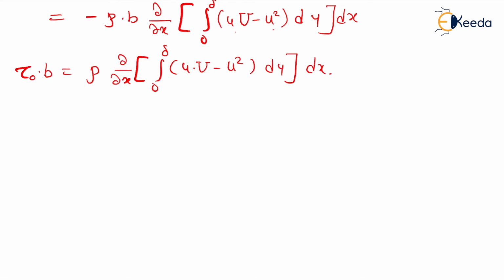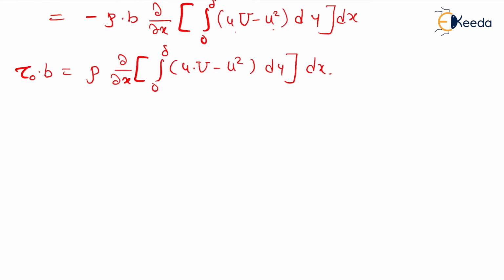I know that there are some equations in which small u upon capital U is considered, and those equations are related with thicknesses, that is momentum thickness and so on. So I will try to convert this equation into their form.